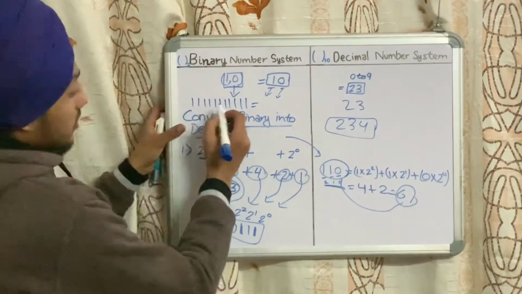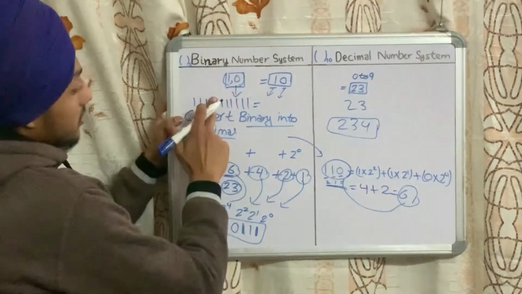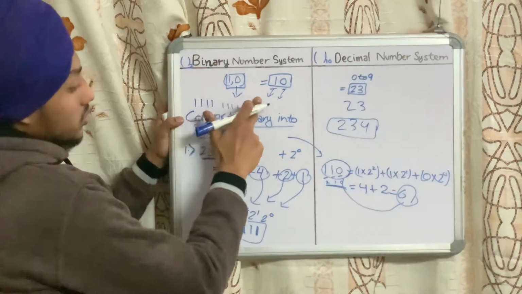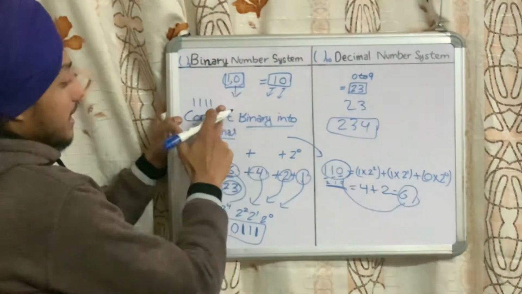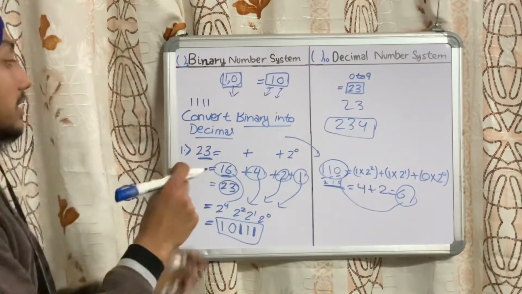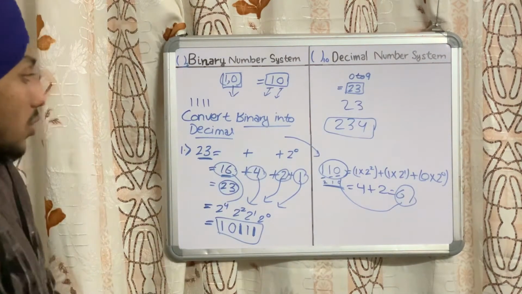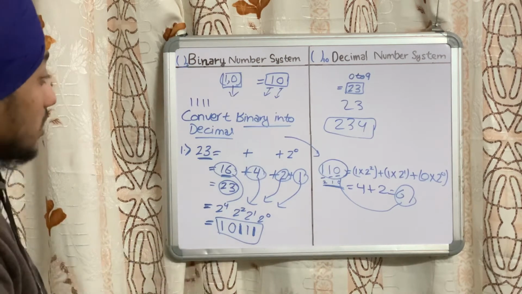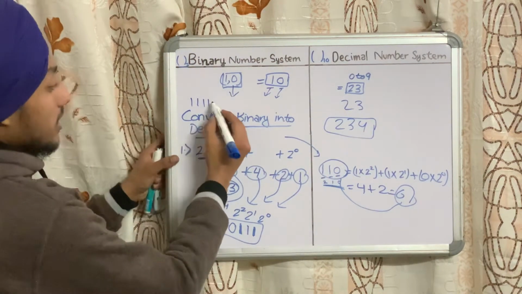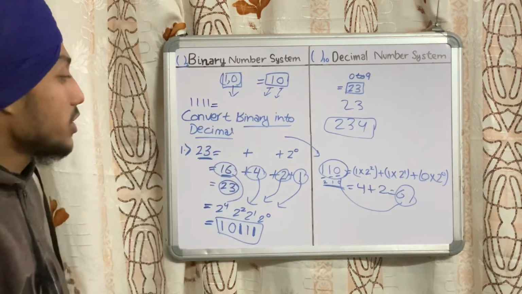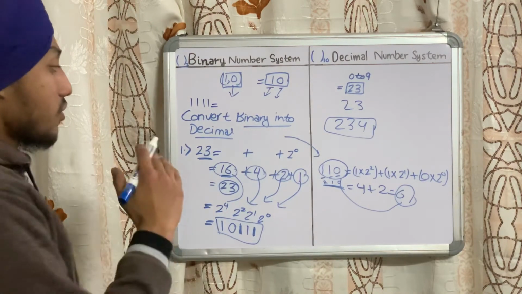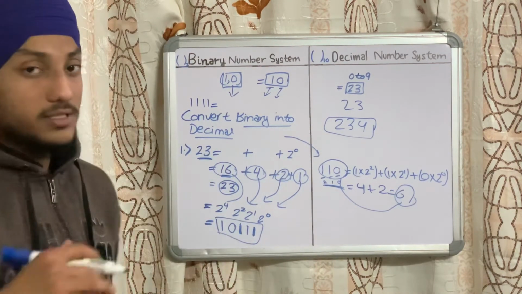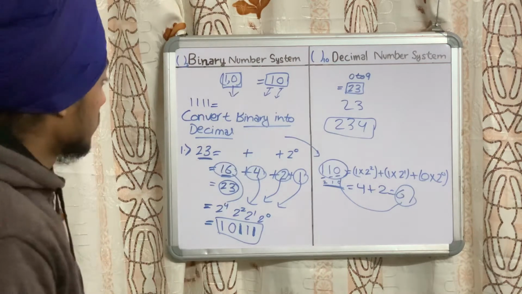When we go through bigger numbers, it's not even possible to do by hand, by our calculations. It's easy to do with computers. Computers can easily convert these numbers, so compilers are there. We are going to learn how to convert from binary to decimal by hand.